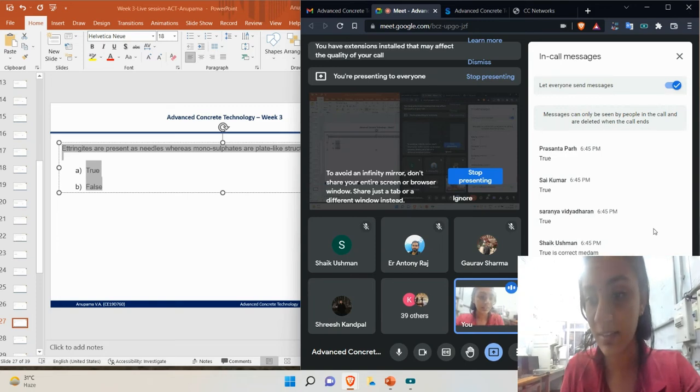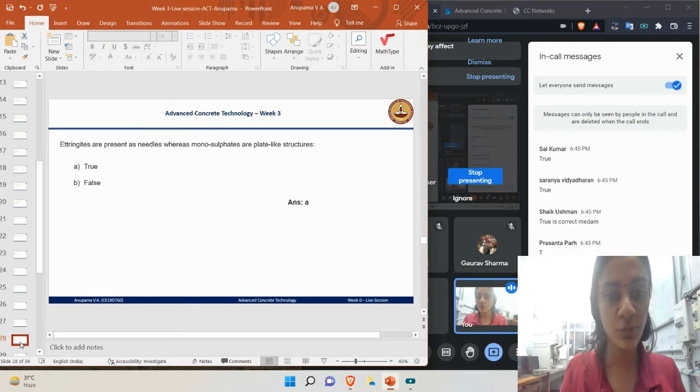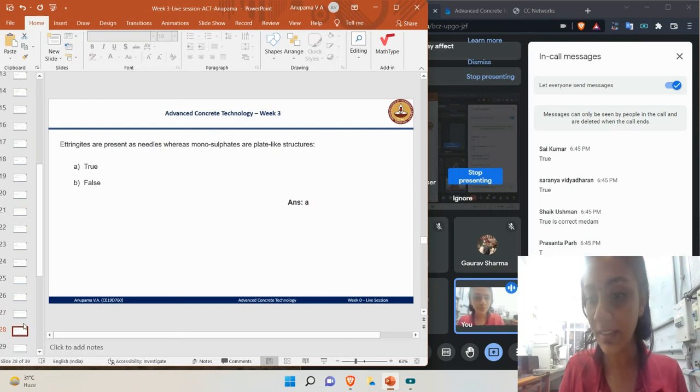I guess it's clear for you all. The correct answer is true. That was a fairly direct question, so I don't have to explain. Ettringites generally form as small needles. Monosulfates are plate-like structures. Move to the next question.